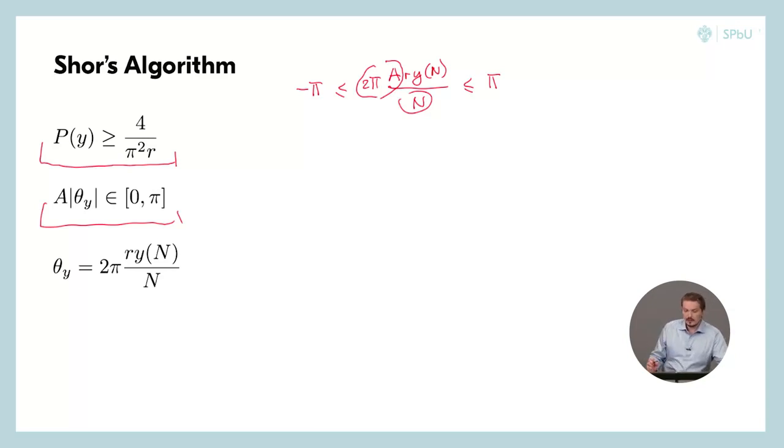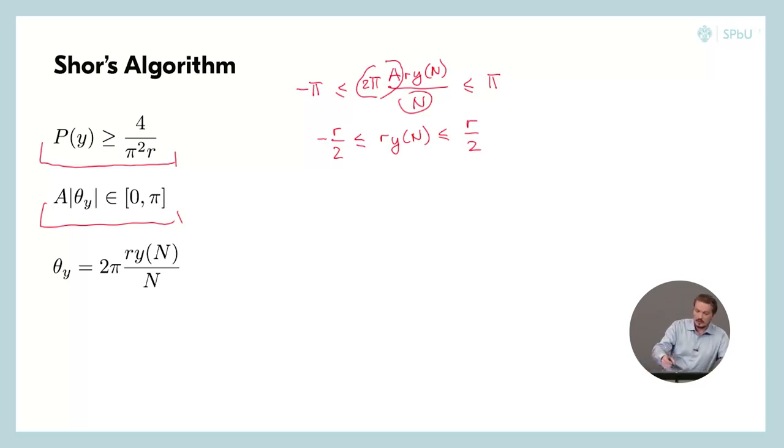And you remember that a divided by n is approximately 1 divided by r. So what we have here is minus r divided by 2 less or equal r y modulo n less or equal r divided by 2.